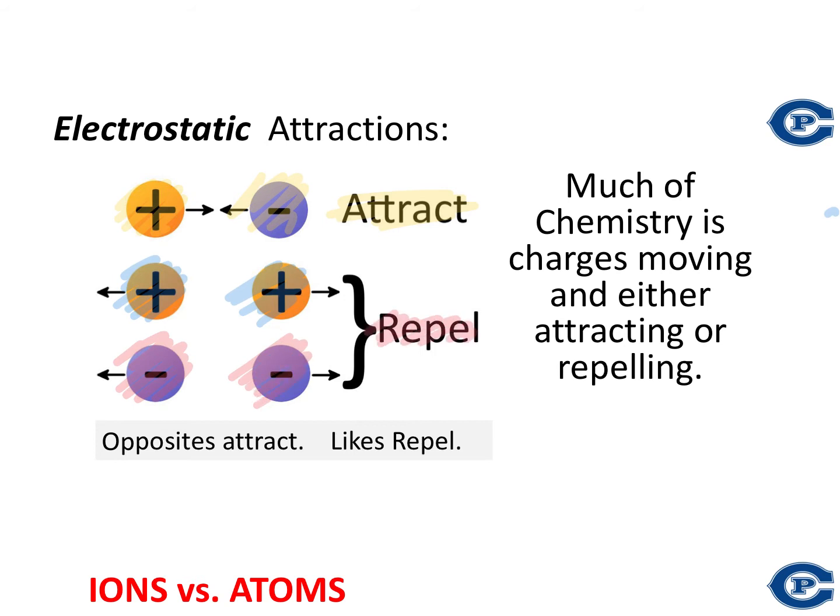Okay, so just opposites attract, likes repel. Understanding that positives and negatives are going to attract is extremely important for chemistry. As long as you understand this concept, it'll make a lot of sense, and it will make some things a lot easier as we move later down into this semester.